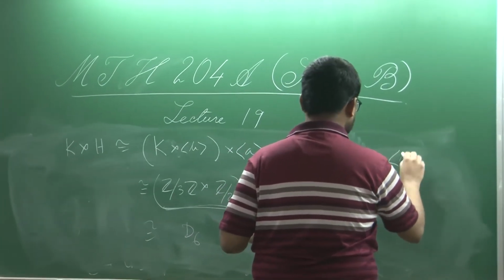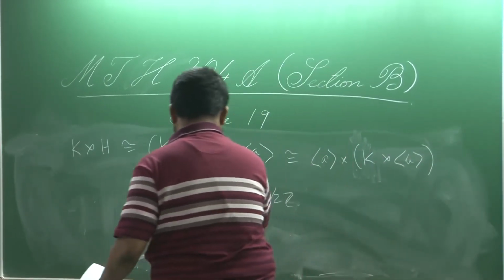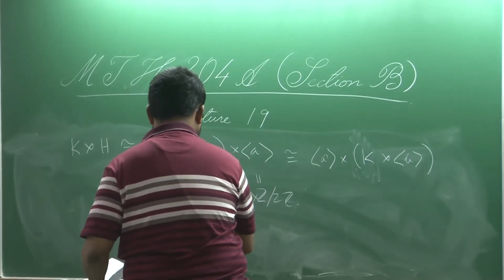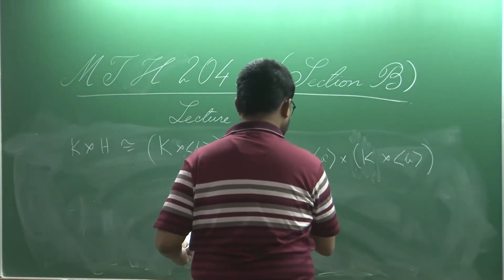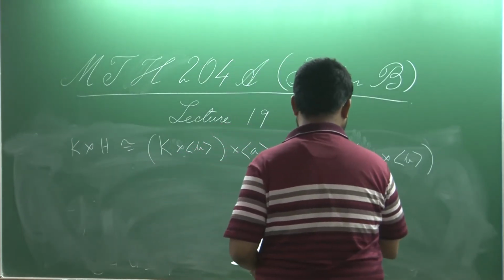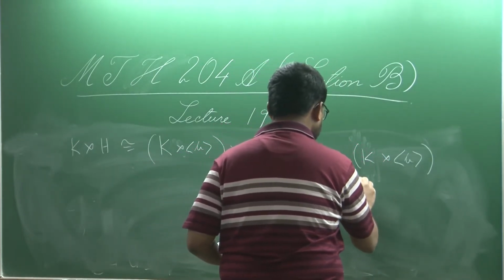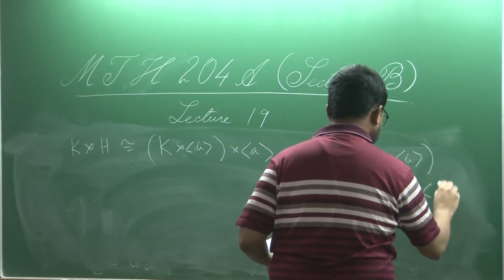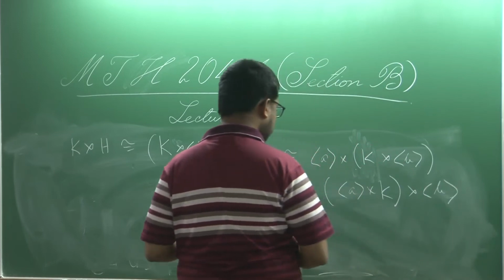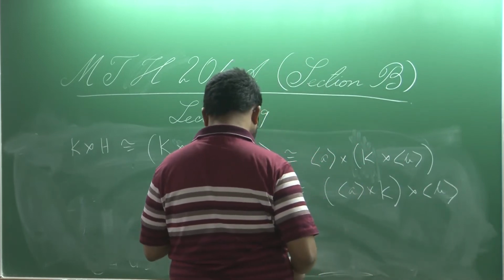Then we have a much more concrete description, because we would like to view this as D12. So, maybe this one is a better idea, and B is centralizing A. So, therefore, there is no problem if we consider this, right. There is no problem in that.